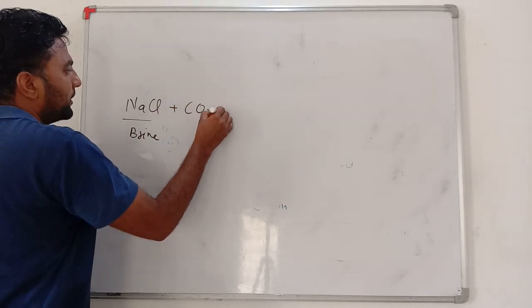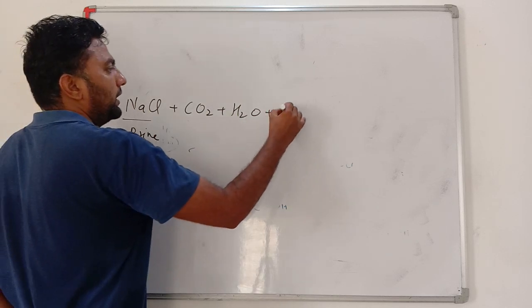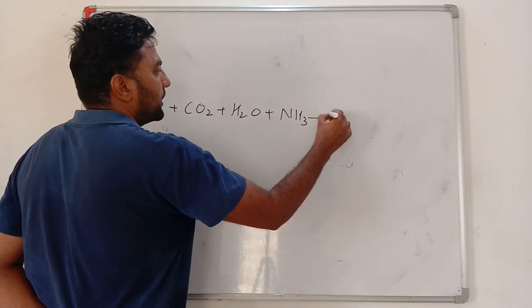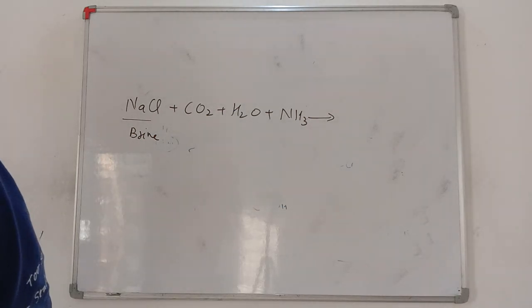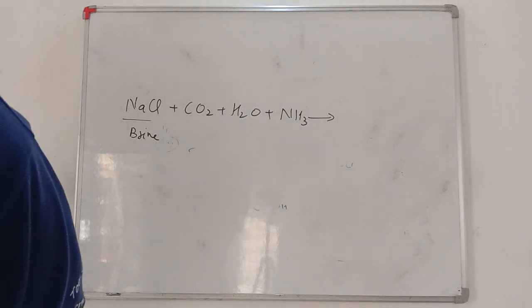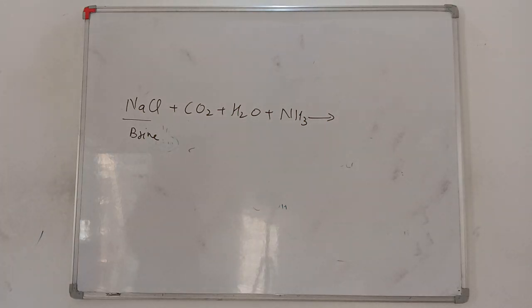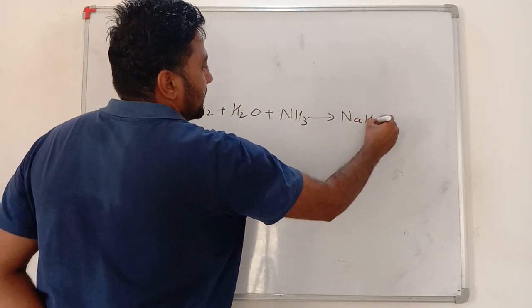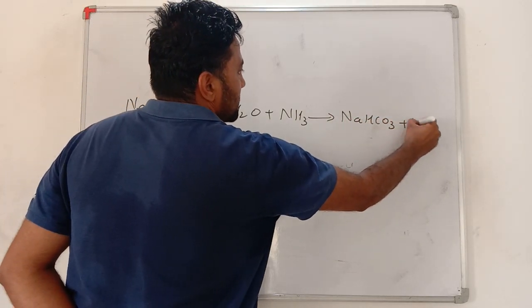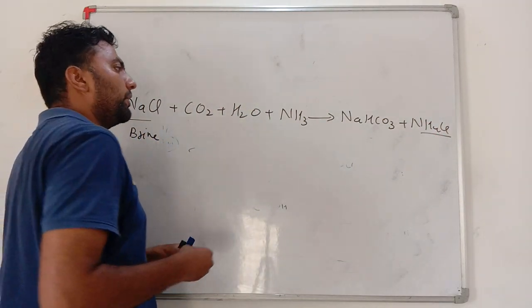When carbon dioxide gas is passed into it, in the presence of water and ammonia, NH3, we get a very useful product, that is NaHCO3, sodium hydrogen carbonate, and along with that we get ammonium chloride. We get NaHCO3 plus NH4Cl. Okay, my dear student, very important.